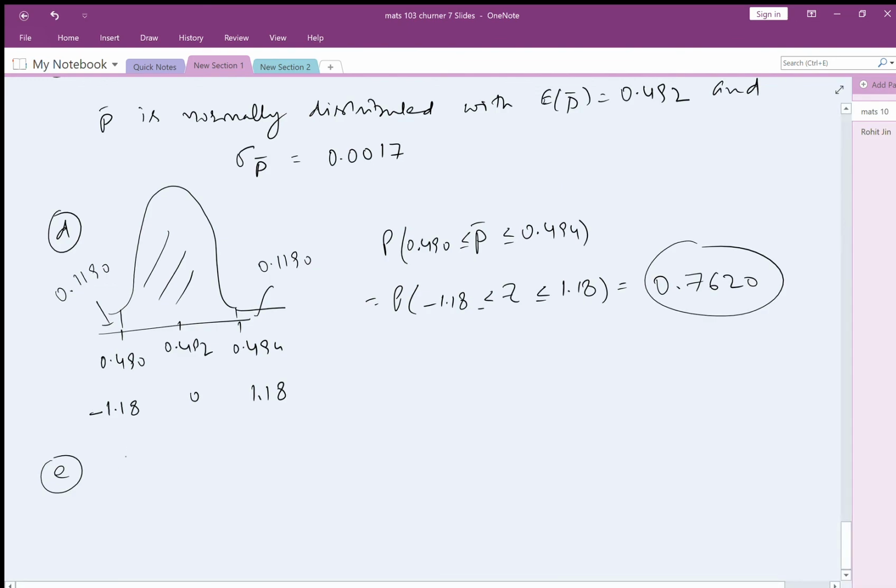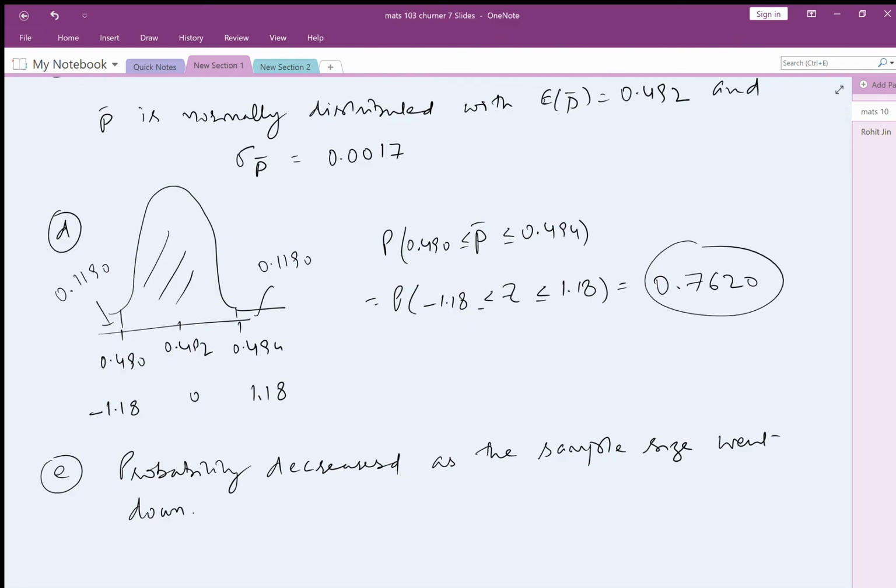So the probability decreased as the sample size went down or became smaller. Okay, part E, the last one, is asking, are the probabilities different in part B and D?